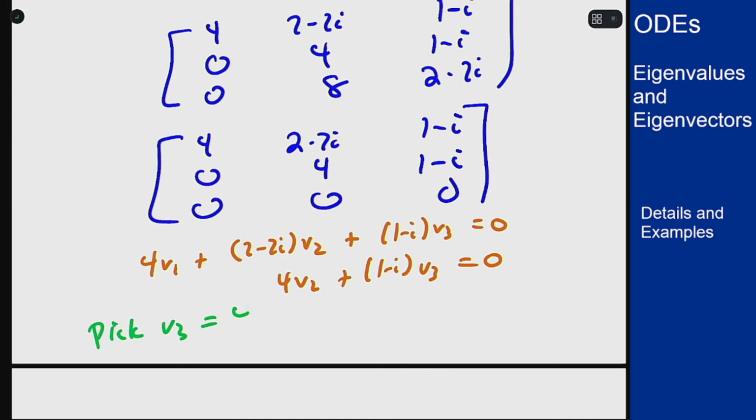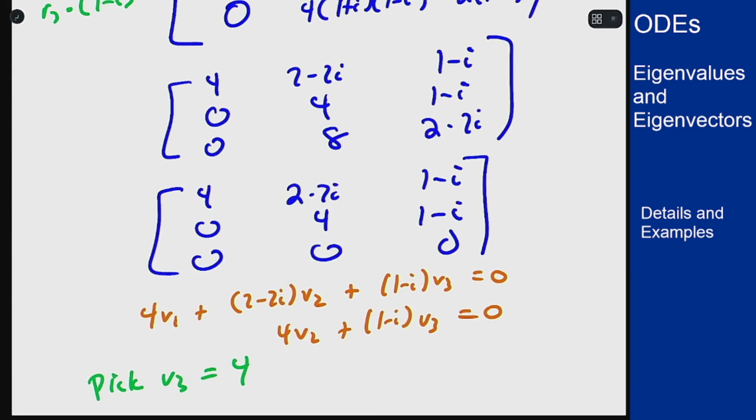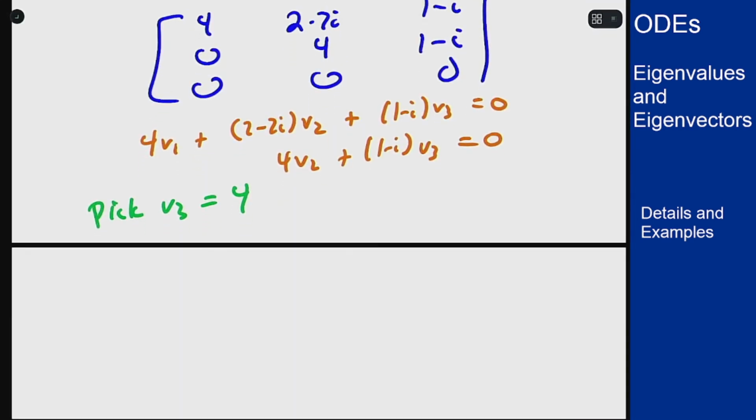I'm actually going to choose 4 here and not 1. Why am I choosing 4? I'm choosing 4 because that'll make this part work out nicer, because then I know what v2 has to be. So v3 is 4. And this equation here tells me that 4v2 equals (i minus 1) times 4, or that v2 is i minus 1.